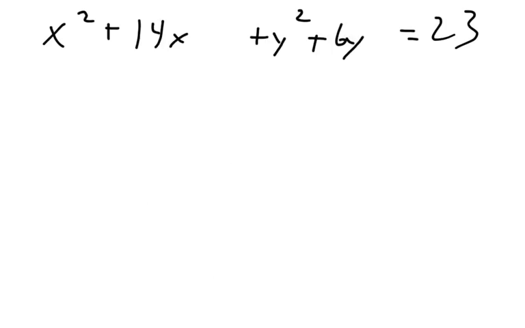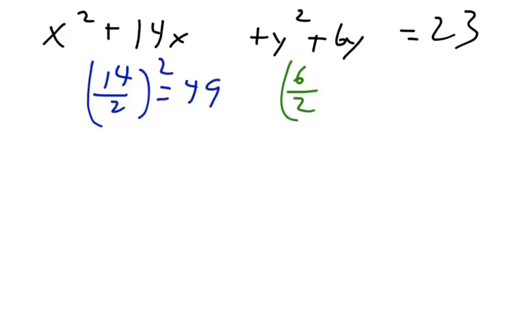Alright, for this one, we're trying to get this into a standard form. So I'm going to do 14 divided by 2 squared is 49. 6 divided by 2 squared is 9.